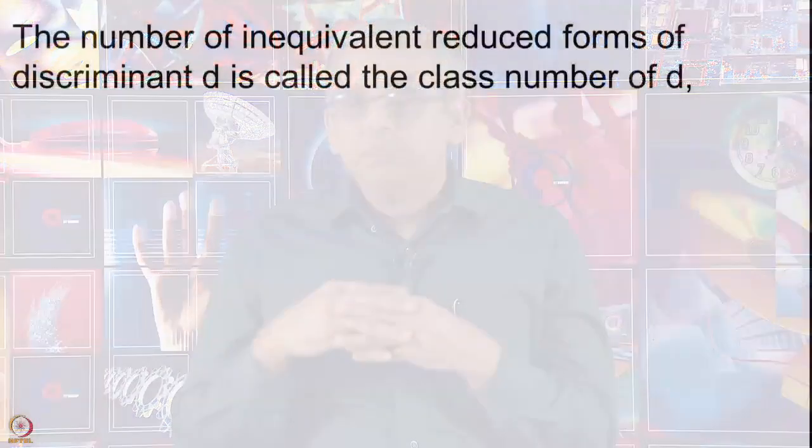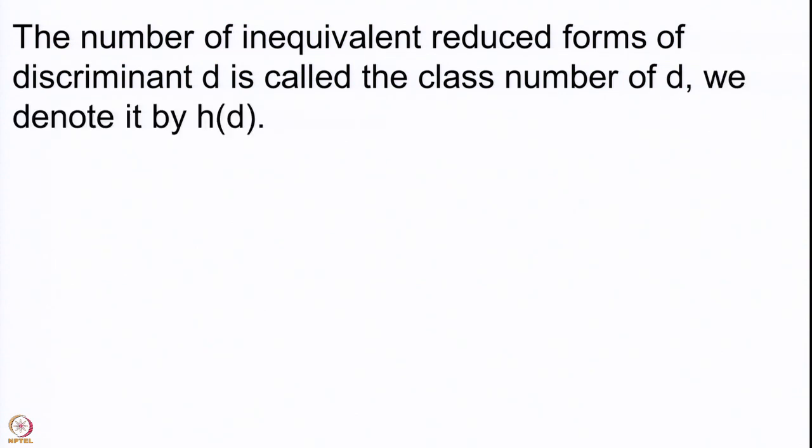So, whenever we have a fixed number D, a discriminant D, and we compute the number of inequivalent reduced forms of discriminant D, this number is called the class number of D. So, remember D is a negative number and we are looking at all reduced forms.